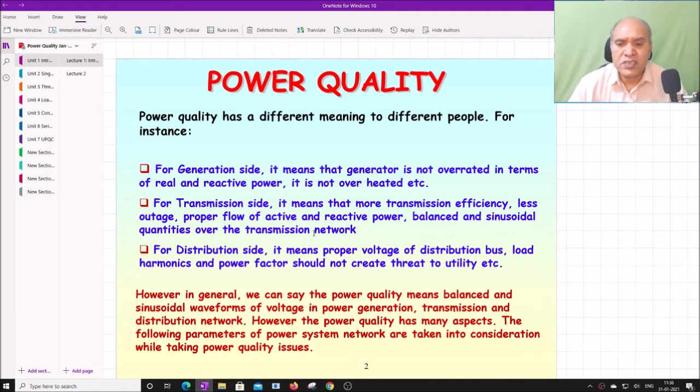And for the distribution side, it means that there must be a rated voltage at all distribution buses, and load harmonics should not be propagated towards the transmission side. The power factor should be close to unity in order not to create a threat to the utility, etc.